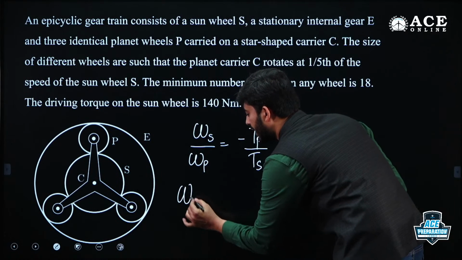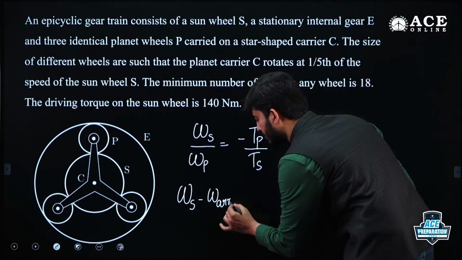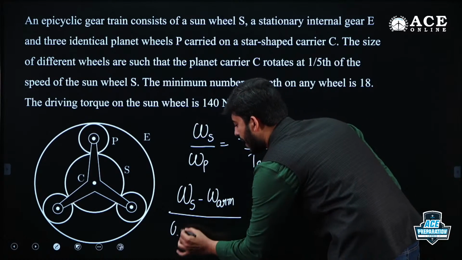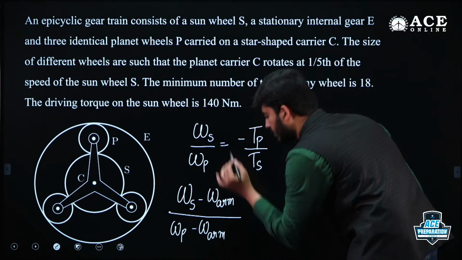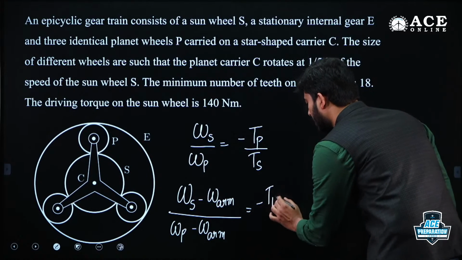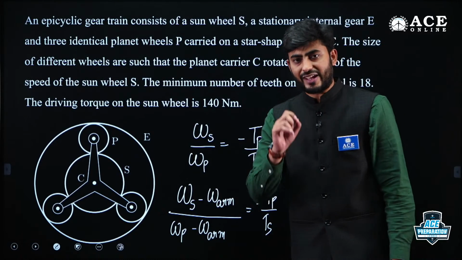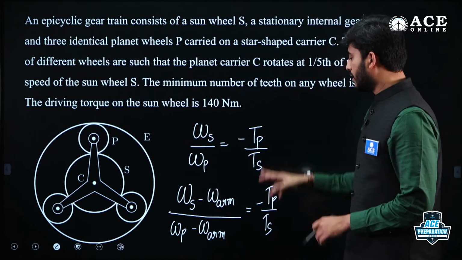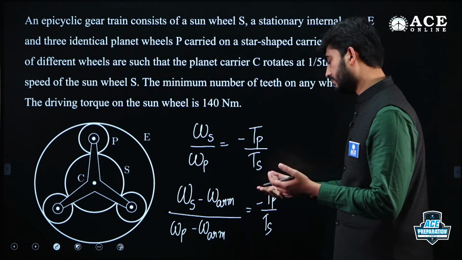So simply write omega S minus omega arm by omega planet minus omega arm is equal to minus Tp by Ts. This minus sign is because of external gearing.